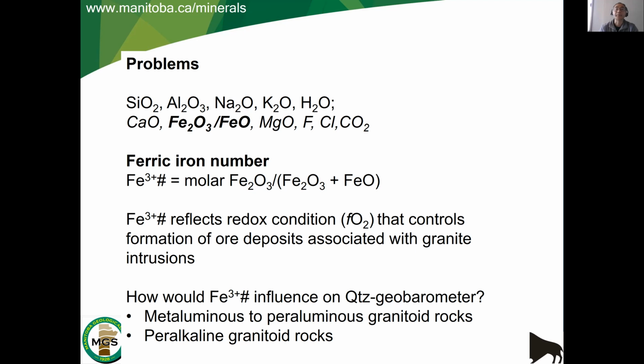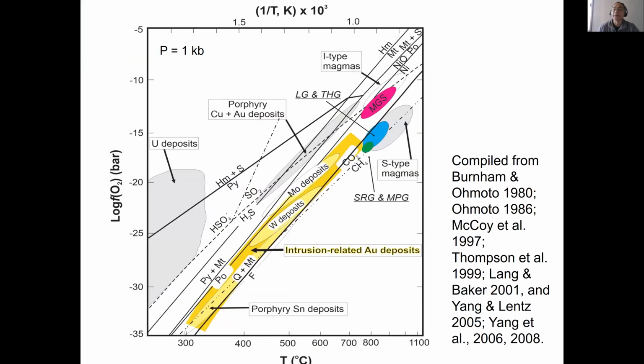And this diagram just shows the oxygen fugacity and redox relations with temperature. You can see the I-type granite magmas are usually highly oxidized, but for S-type, the granitoid magmas are below the fayalite-magnetite-quartz buffer, so reduced.